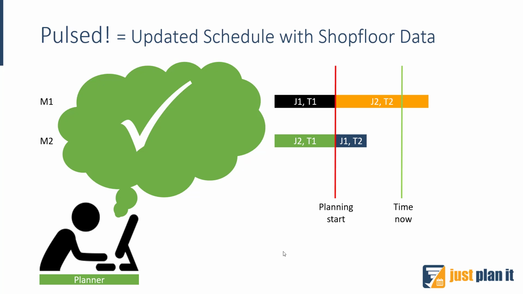Task 1 of job 2 will be automatically extended. This is the second example that shows what happens if a task is started, should have been finished in the meantime, but there is no information that it is finished. This implies that it is still ongoing, and this still ongoing task will then be automatically prolonged to the new planning start line position.